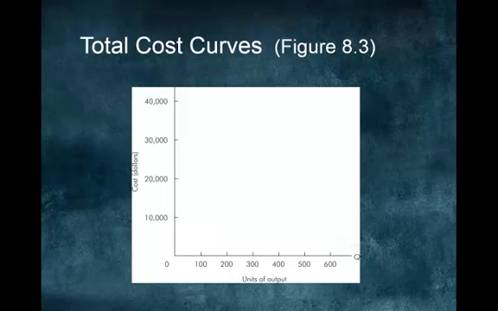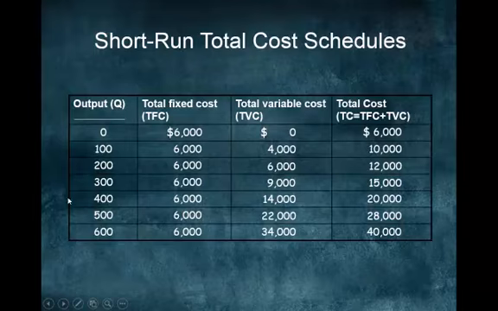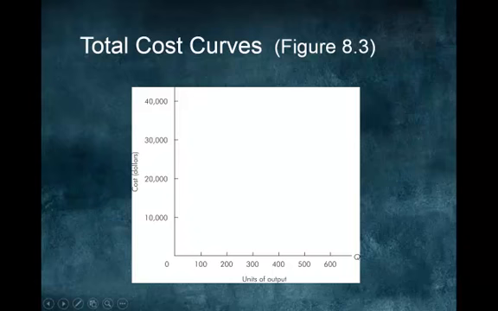Now let's see the graphical figures. Here the fixed cost remains unchanged like the previous curve. We said it is 6,000. The fixed cost remains fixed, but the variable cost varies based on the production. When there was no production, the variable cost is 0.